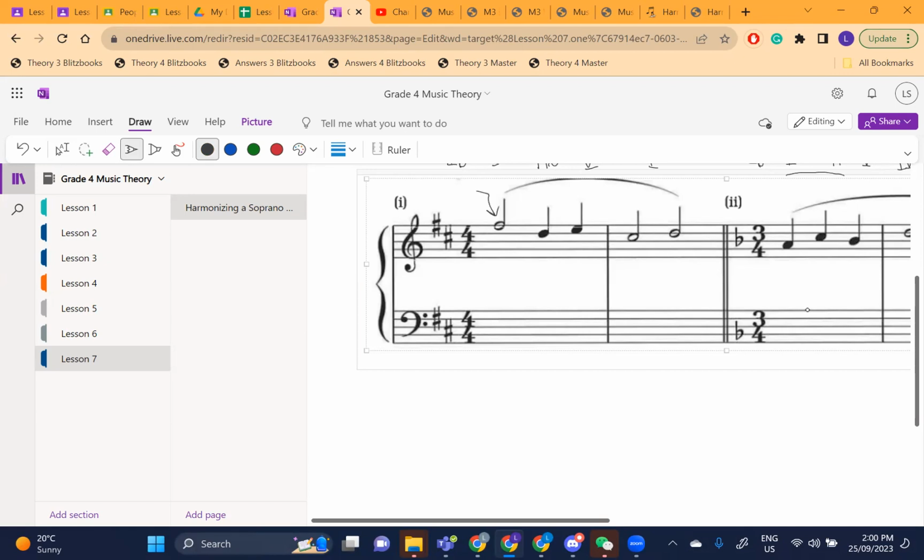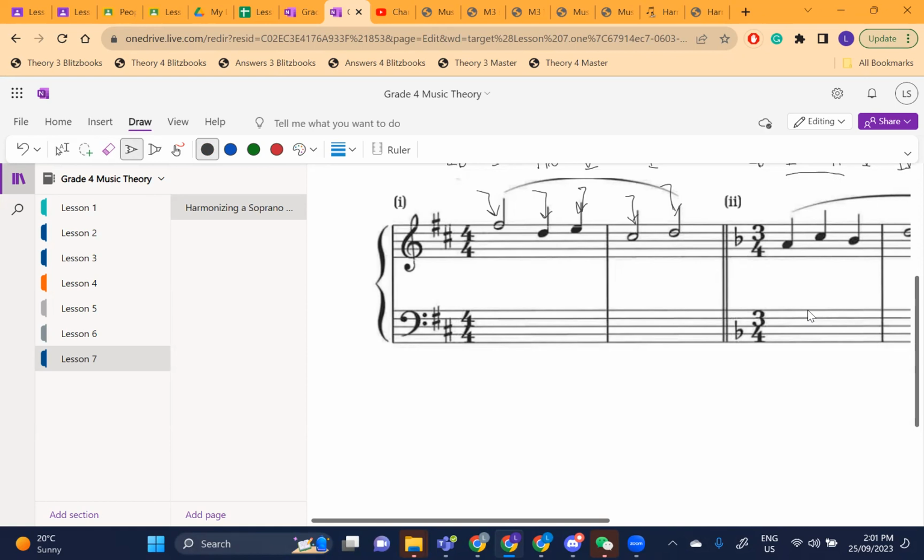With this one, use the notes they give you in the soprano line. If you think something is a passing note, miss it. You might think that that is a passing note, but passing notes always have to step down to a chord note.